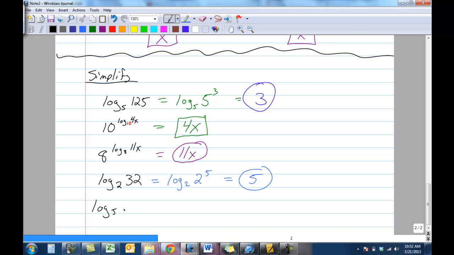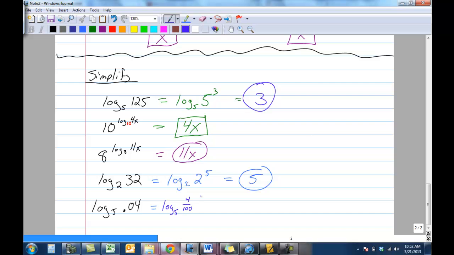Log base 5 of 0.04. All right, so this is back to one of these guys, right? They don't have the same base, so what's another way to write 0.04? That might not be exactly obvious, but we're going to go back to 3rd grade, and since this is a decimal, we're going to make this a fraction. The fraction is going to be log base 5 of 4/100ths.